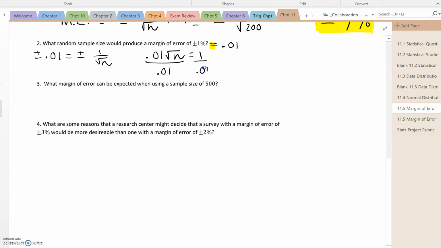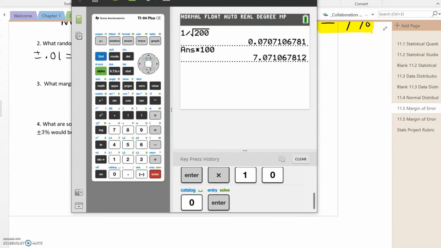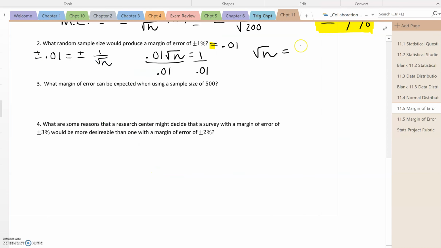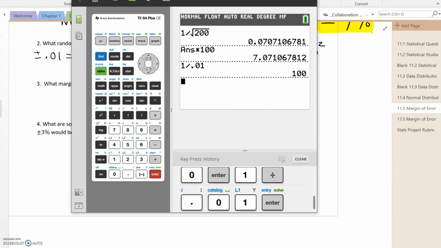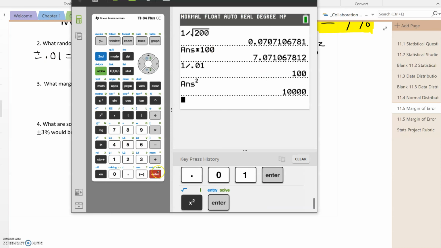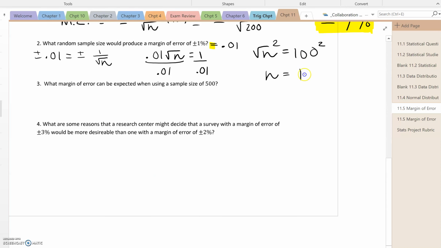Divide both sides by 0.01, so the square root of n equals 1 divided by 0.01, which is 100. But we don't want the square root of n, we want n. So that means we would need to survey 10,000 people in order for our margin of error to be less than 1% away from the parameter.